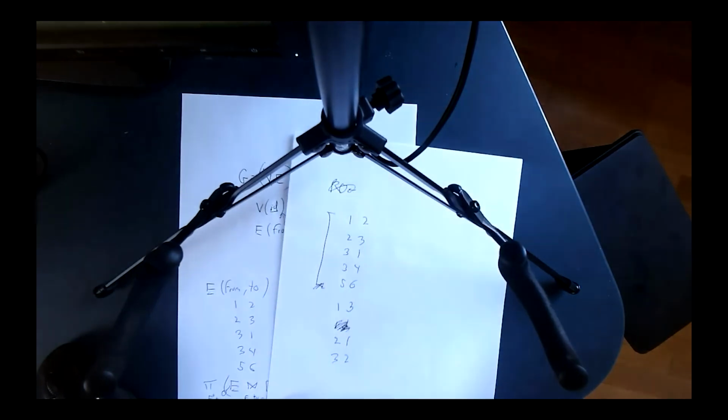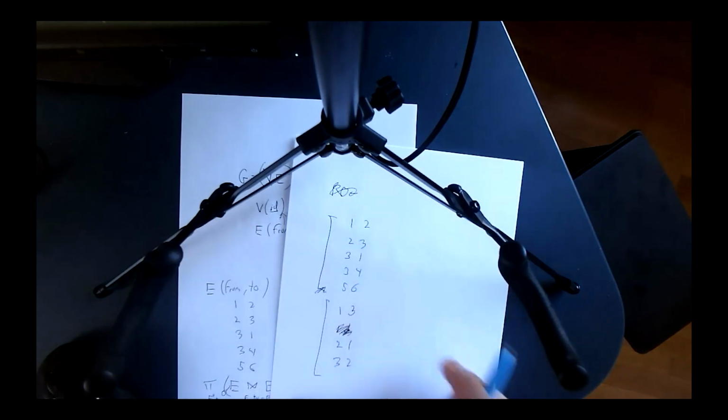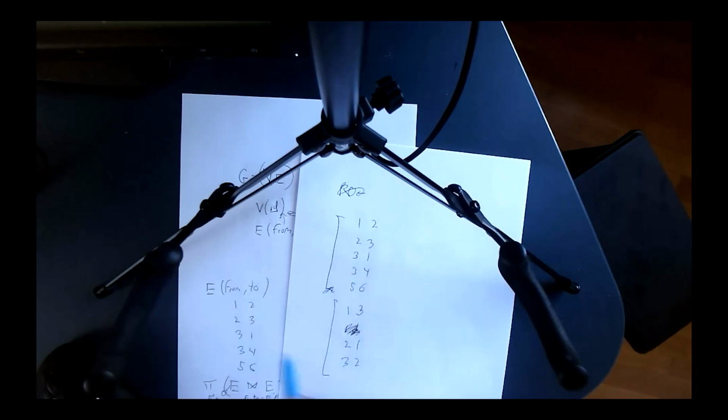Okay, so that's the second step, but R is getting bigger and bigger, right? Now we can join it again with E here, and hopefully now we'll be done. Let's see. If 1 can go to 3 and 3 can go to 1, that means 1 can go to 1. If 2 can go to 1 and 1 can go to 2, that means 2 can go to 2.